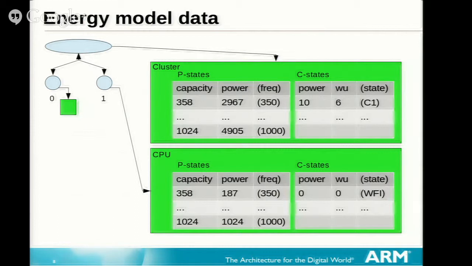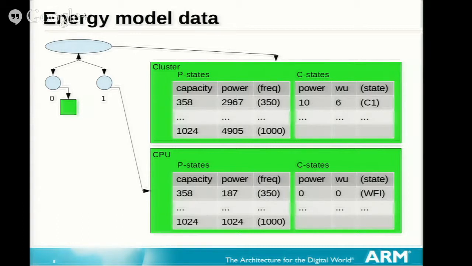So for the CPU tables, we would represent all the frequency states, even though they are actually associated with the cluster. We need to know the power consumption for each P state per CPU as well, because we need to know what is the cost of waking up an additional CPU.